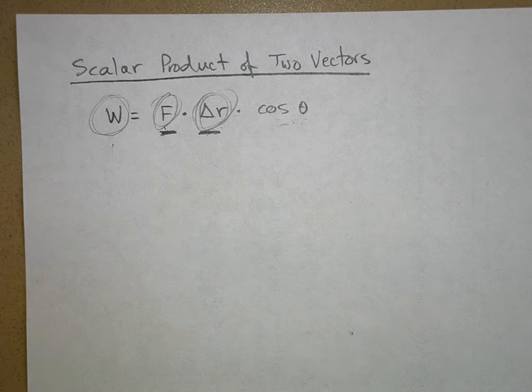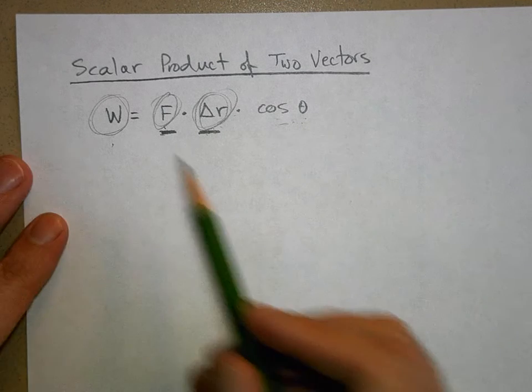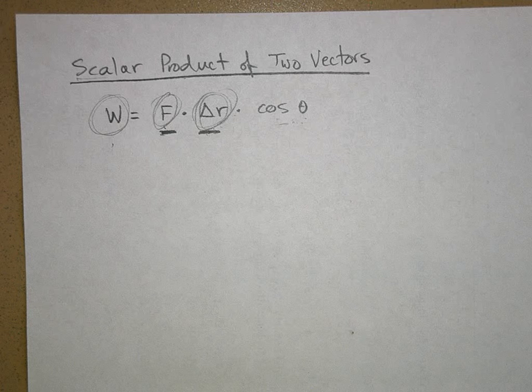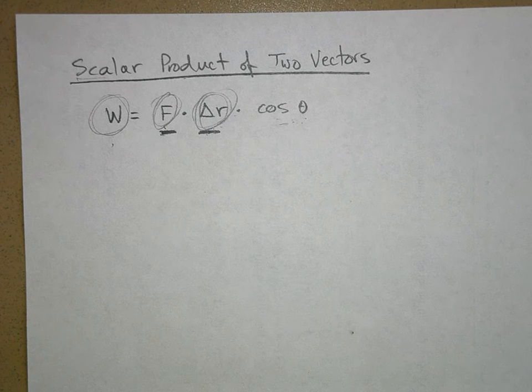So therefore, this way of multiplying two vectors together to get a scalar is called the scalar product. It is something new for some of you, although this was briefly talked about in AMA, when you did that whole section on vectors, you did talk about the scalar product. But I'm going to teach this as if you've never seen it before.